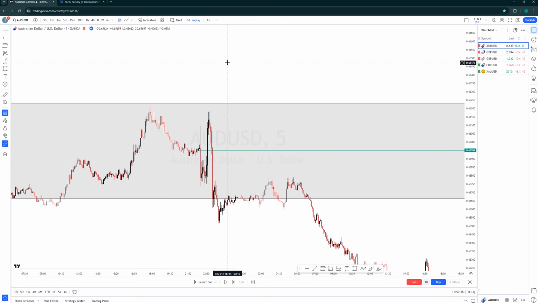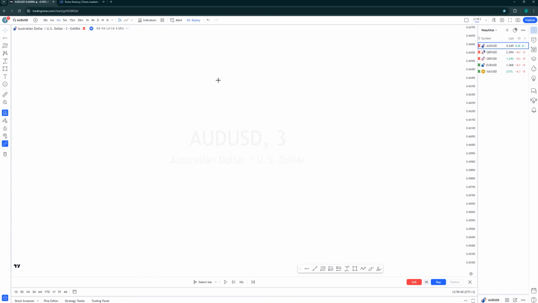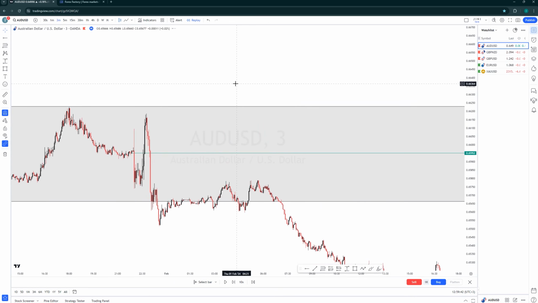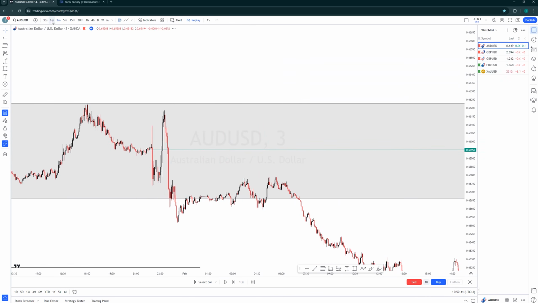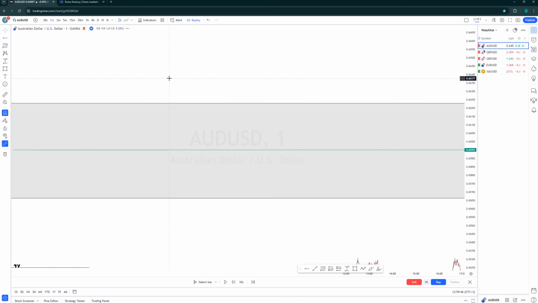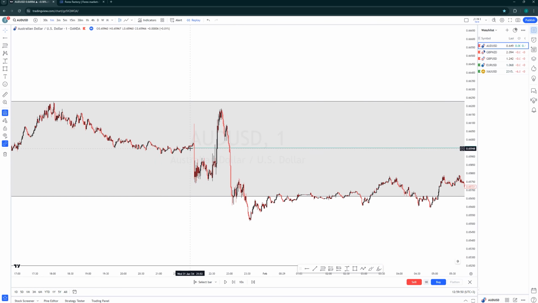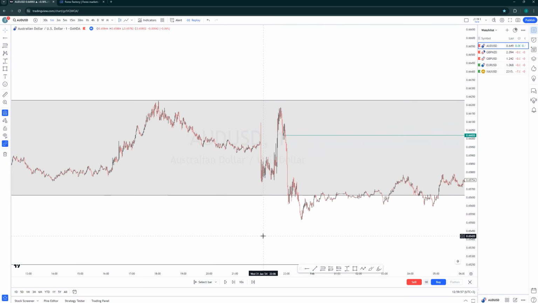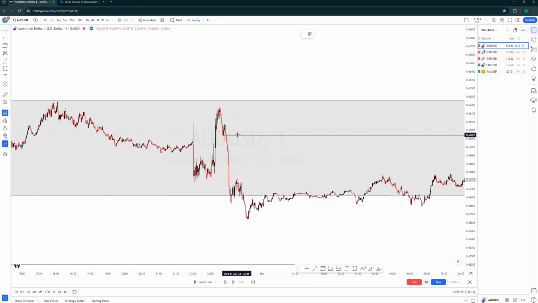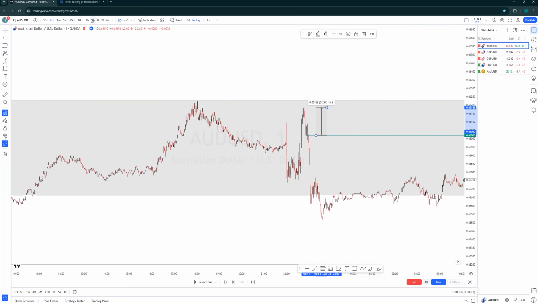You can take it as the entry, but when you go to the 1 minute, sorry, in the 1 minute, you can see that you have this inside formation here, which is not yet taken. So you can just take that as your entry, and your stop loss, maybe you can put it here or maybe up there. It's just 16 pips, so you can use it as our maximum stop loss.